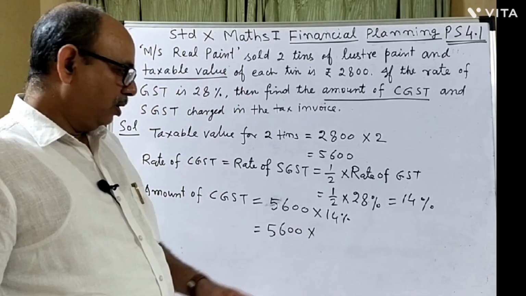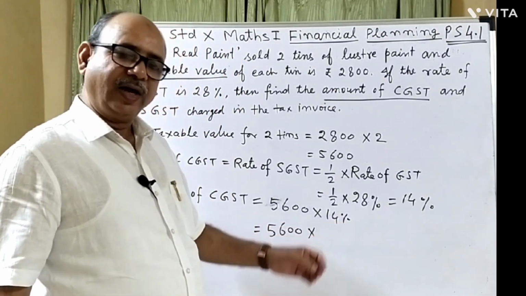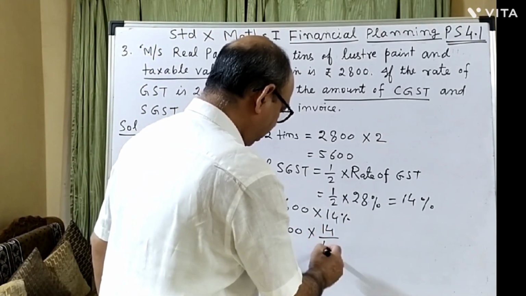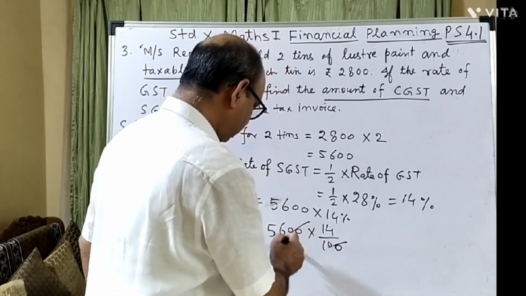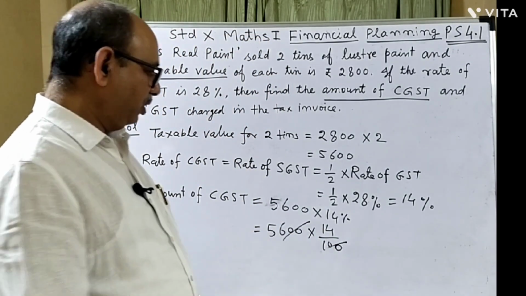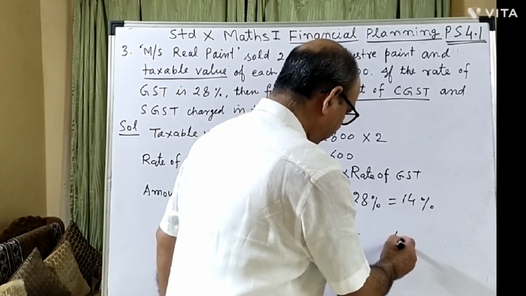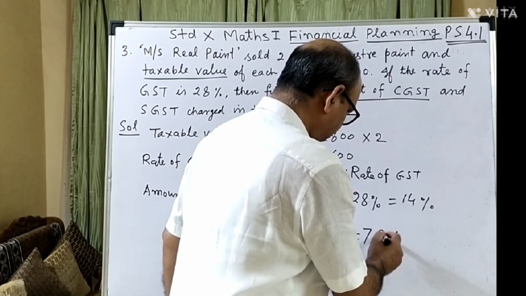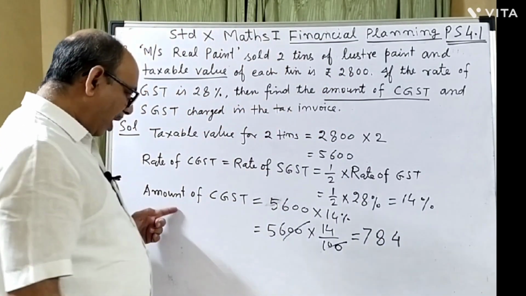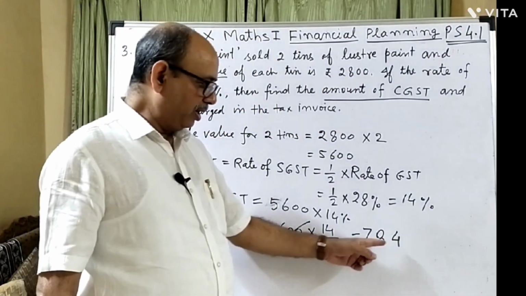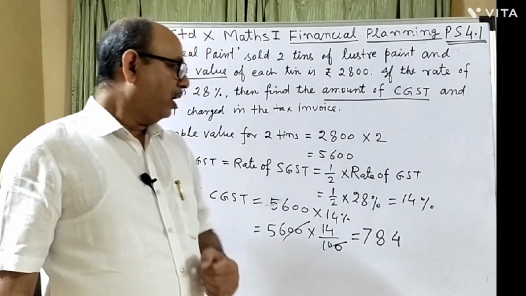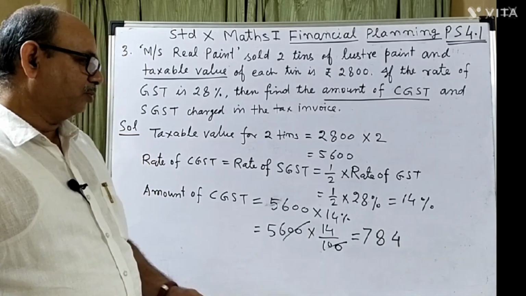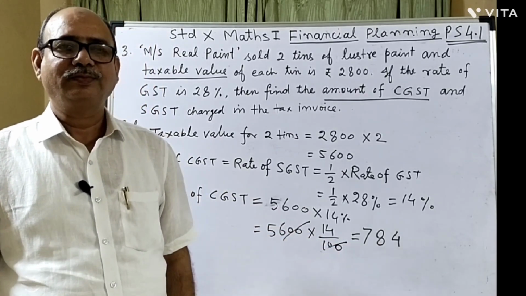When we remove the sign of percentage, then 14 will be divided by 100. 56 and 100 cancel out. 14 into 6 is 84. 14 into 5 is 70. 70 plus 8 is 78. That means amount of CGST is rupees 784. Amount of SGST is equal to amount of the CGST, which will also be equal to 784.